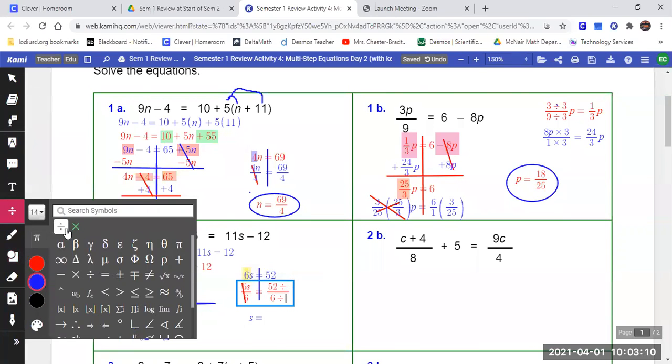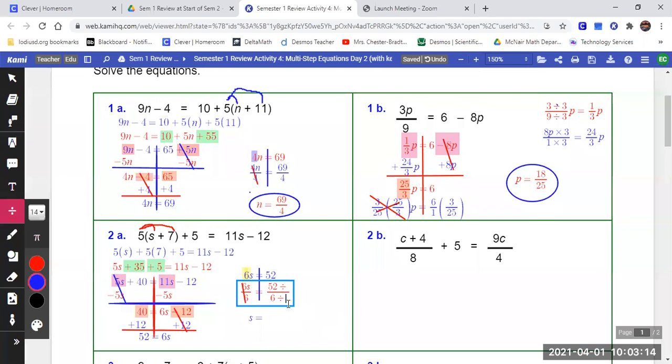So what number would I divide by at minimum? If they're both even, what number is guaranteed to divide into both of them? Every even number divides by what? 2.